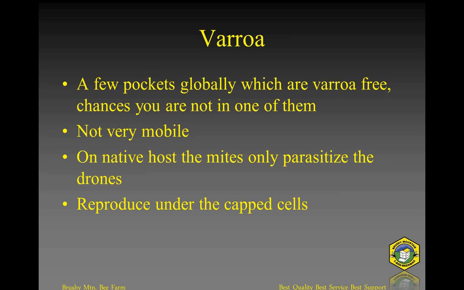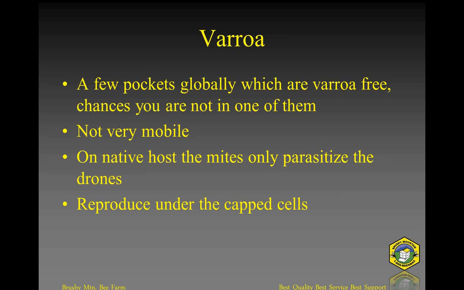On its native host, it parasitizes only the drones, which means they only go into the cells of drone larvae to reproduce. Now, in Apis mellifera, our honeybees, they do go into worker cells, but they still gravitate toward drone cells. The pheromones of drones lure them disproportionately to drone cells over the worker cells.